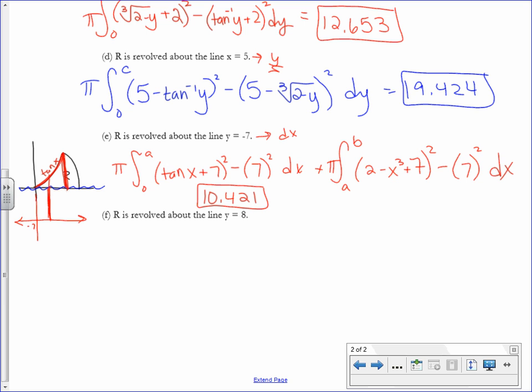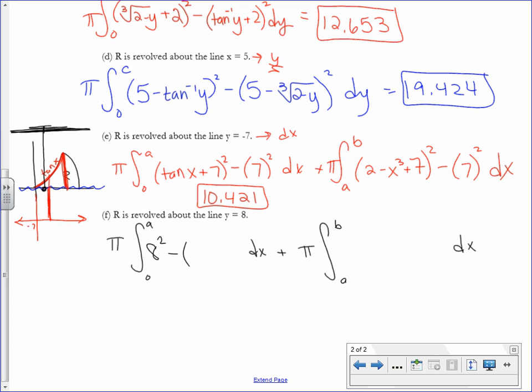And last but not least, R is revolved around y equals 8. Y equals 8 would be above, much the same thing that we did in part E. I'm going to have pi. I'm going to need two separate integrals. My integrals are still going to have the same boundaries, 0 to a and a to b. Still going to be in terms of x because it's a horizontal line. It's just now my outer radius goes from y equals 8 to the x-axis, so that's just 8.